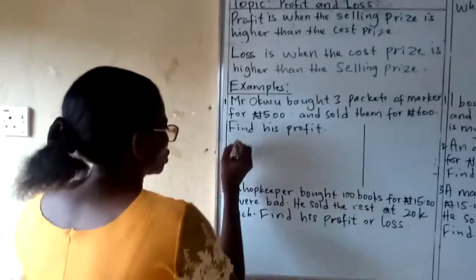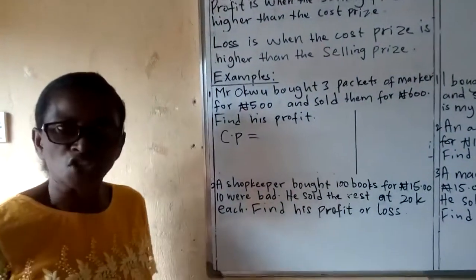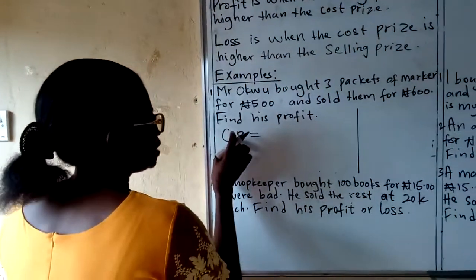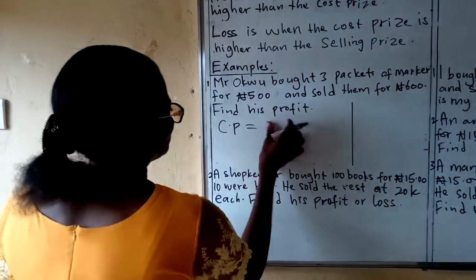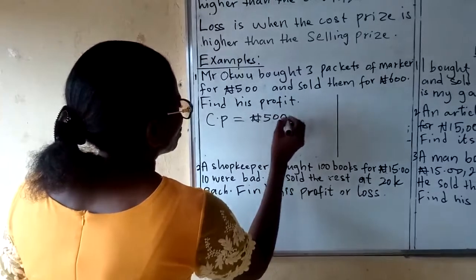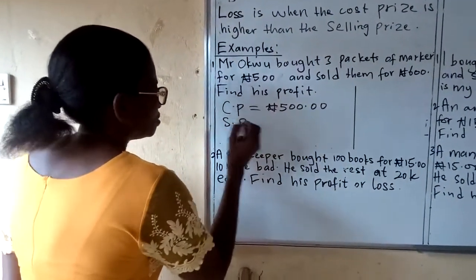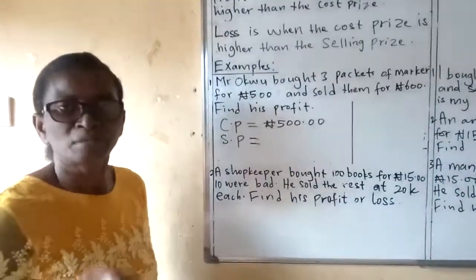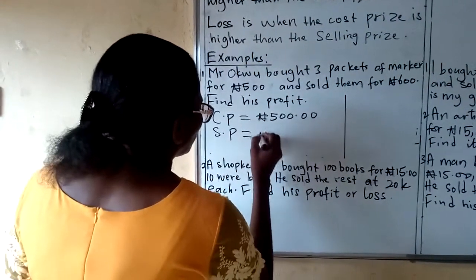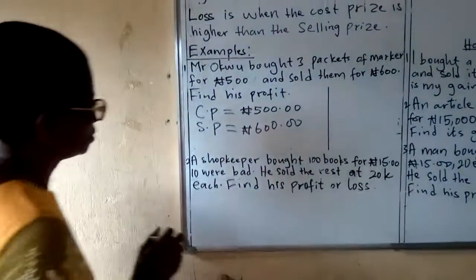We are going to work it this way. CP means cost price, which is 500 naira. SP means selling price, which is 600 naira.